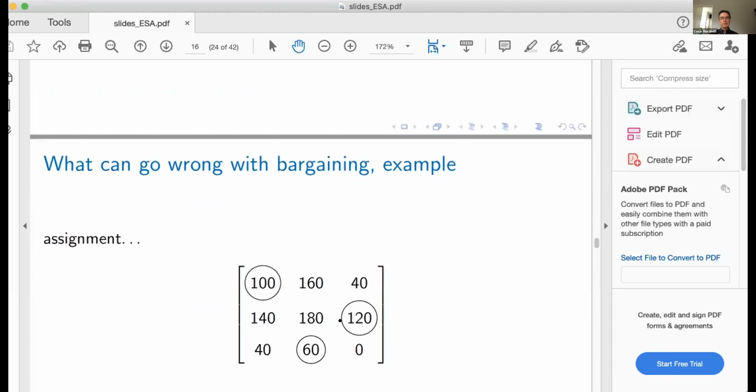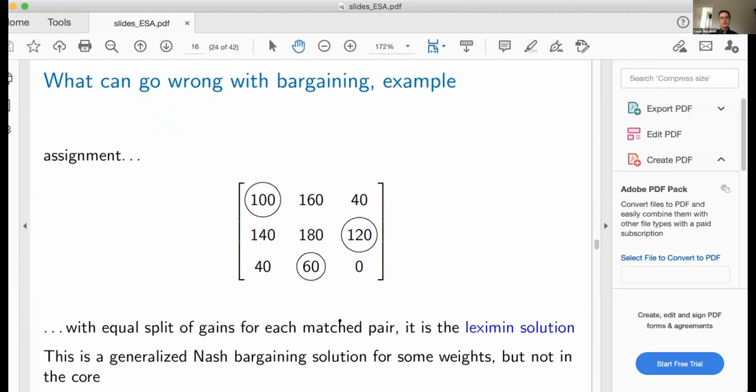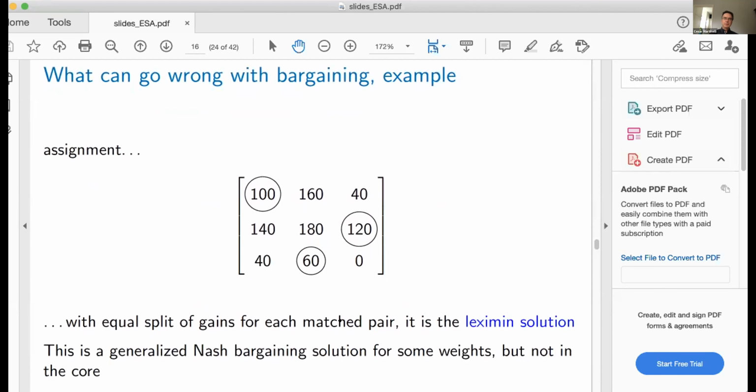And this is one such example that is interesting. This allocation does not maximize total surplus. It's a complete assignment that has to happen for a Nash bargaining because we are maximizing some concave function.